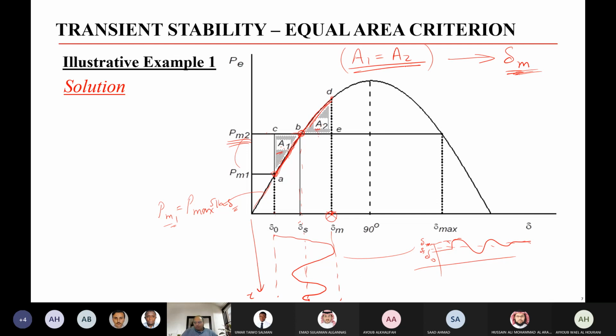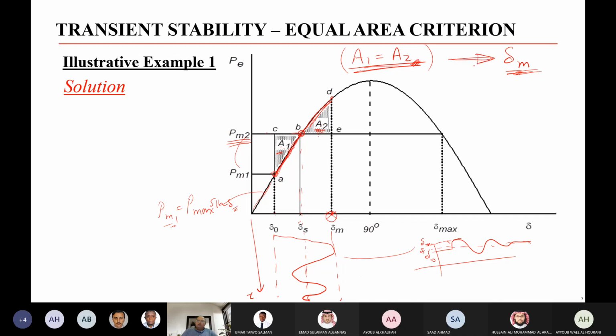Am I right? Yes, Doctor. But A2 is a function of delta M, so from this equation, we can get delta M.